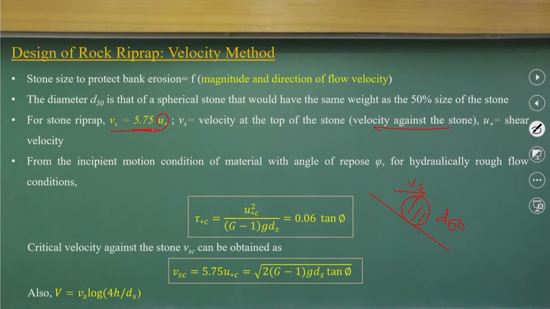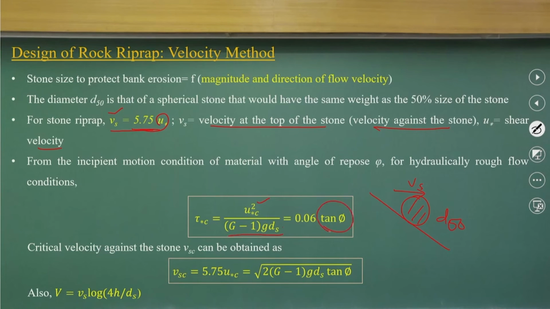This is from empirically conducting a series of experiments. It was found that for a stone riprap, the velocity at the top of the stones is a simple function of shear velocity. Since it is a shear velocity function, we know the relationship between the shear velocity and Ds with the tan phi.